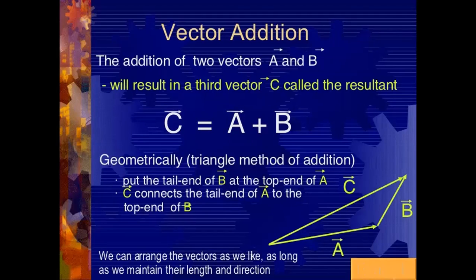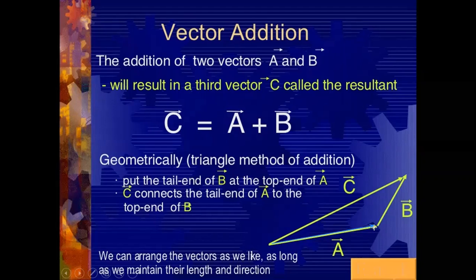To draw the vectors, first you take the A vector and draw it like this. To the head of the A vector, we join the tail of the B vector.